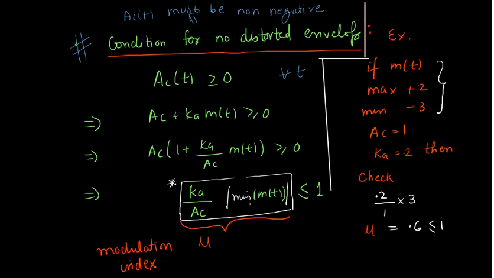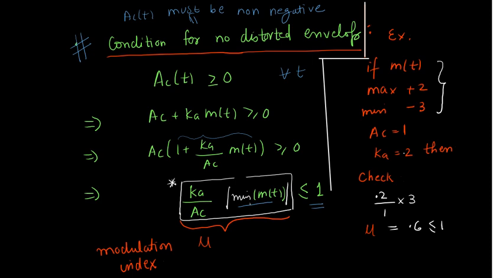So you write A_c(t) greater than or equal to 0 and replace A_c(t) with A_c plus k_a m(t), and you take A_c outside. Your equivalent condition is that this quantity should always be greater than or equal to 0, and this is true when k_a by A_c times the modulus of the minimum value of m(t) is less than or equal to 1.